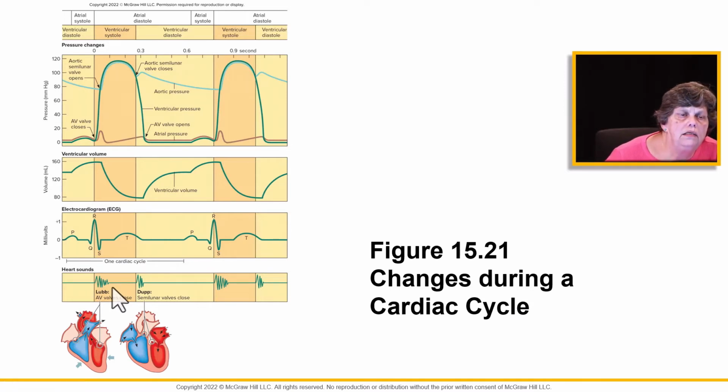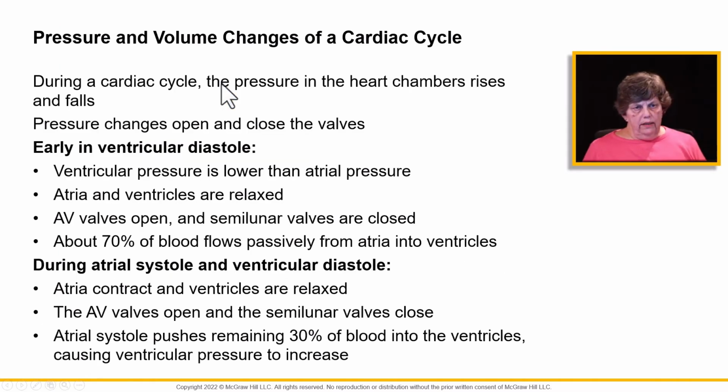So spend some time with this. Think about this. Ventricular diastole, what's going on? Okay? There's the P wave. That's the initiation. So we work all the way through so that you understand that.